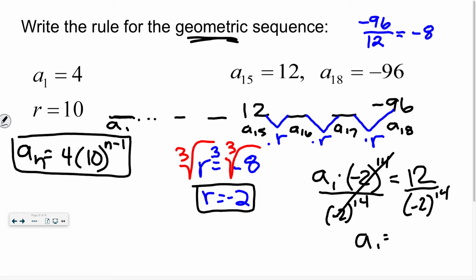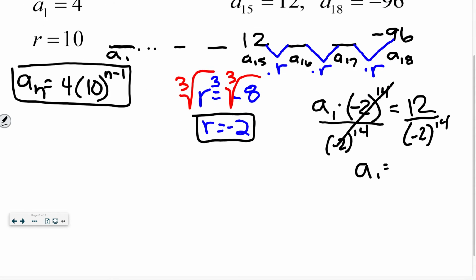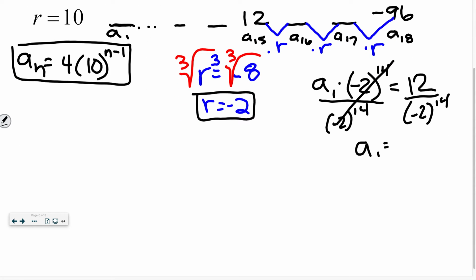I'm going to type into my calculator 12 divided by negative 2 to the 14th. I get scientific notation, 7.3 times 10 to the negative 4. You can write that as a decimal, but I'm going to change mine to a fraction, which is 3 over 4,096.